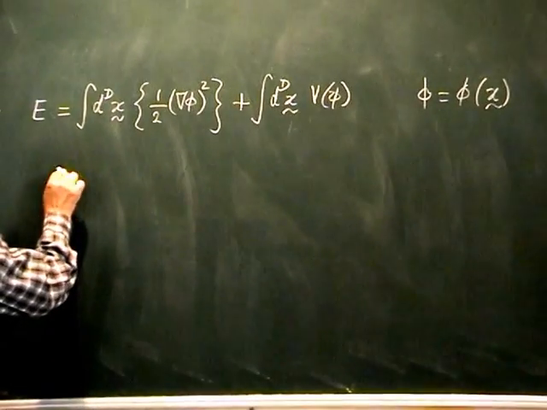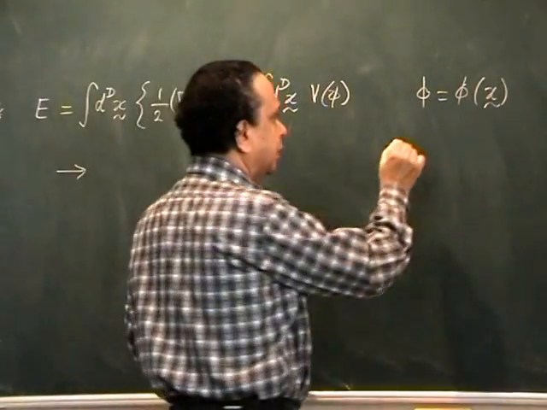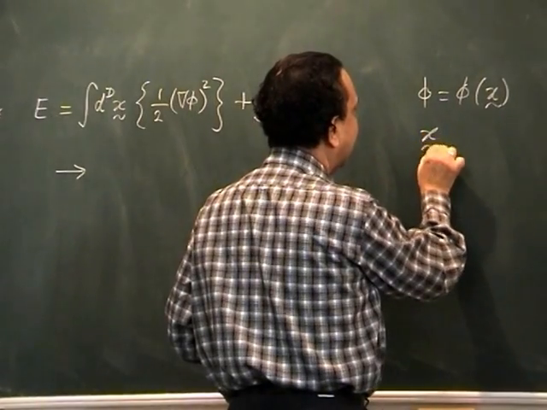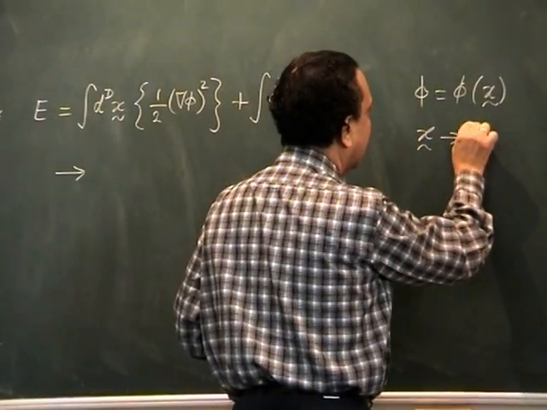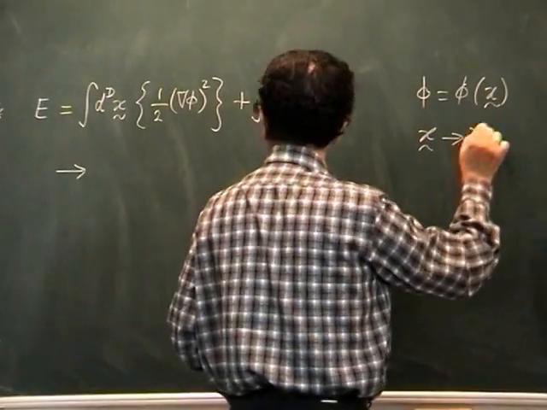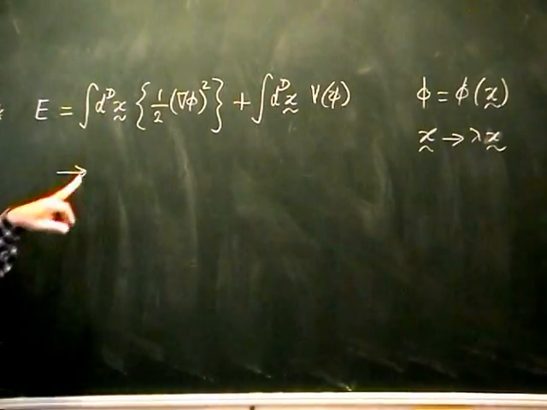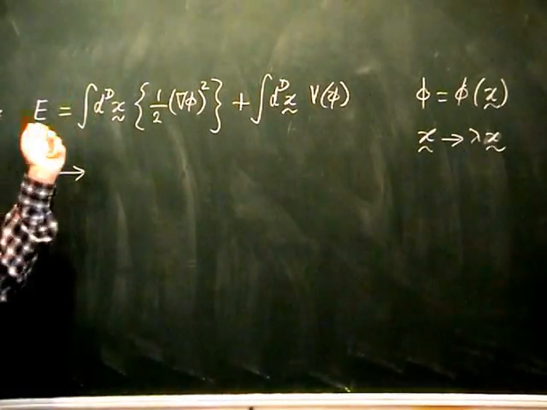So suppose I change x to lambda times x. We ask how these two terms are going to scale. Here, if I change x to lambda times x, I want to get back the same thing.